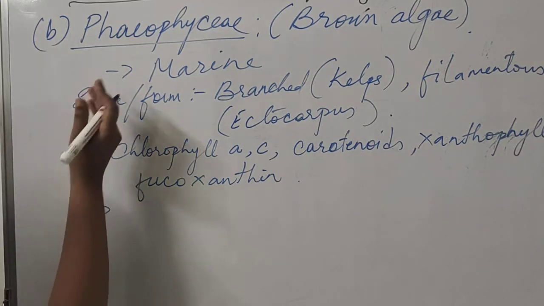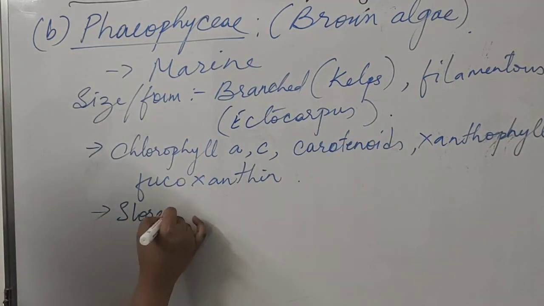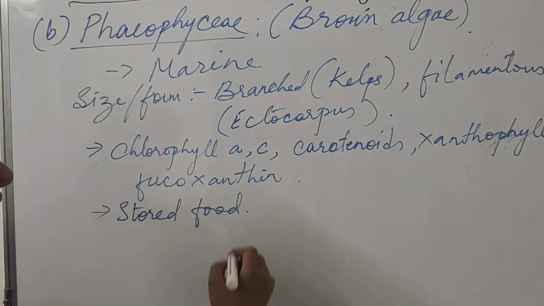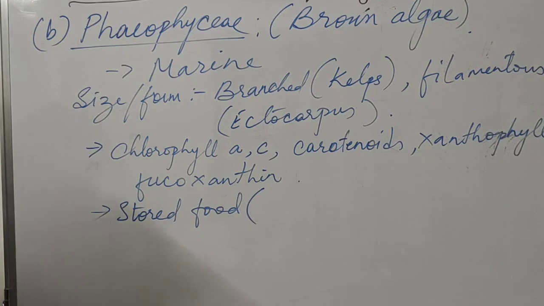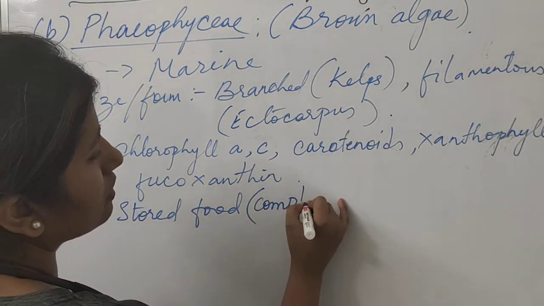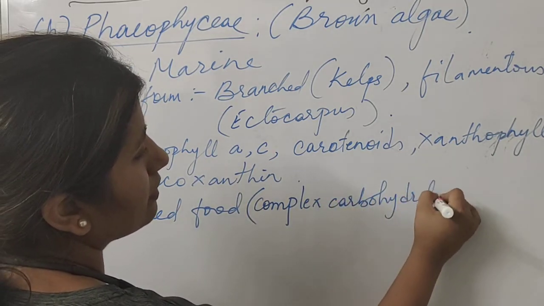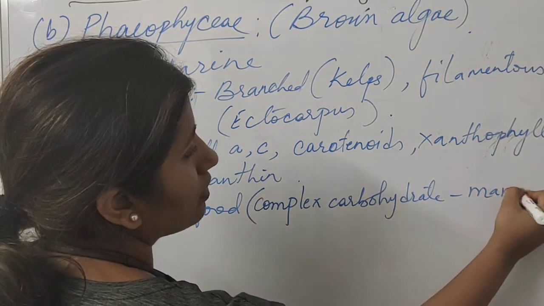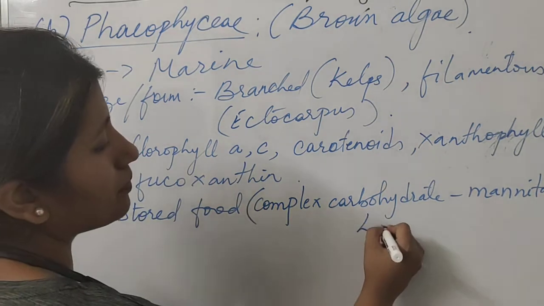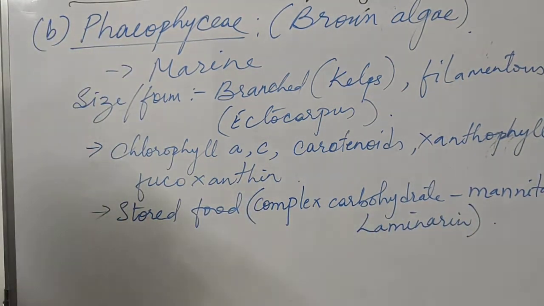Now like Chlorophyceae has stored food as pyrenoids, they also have stored food in the form of mannitol and laminarin, which are complex carbohydrates.